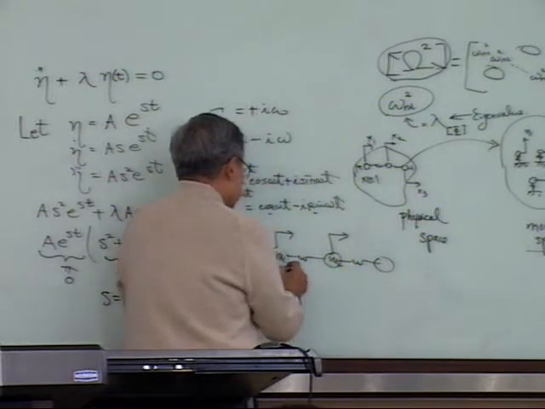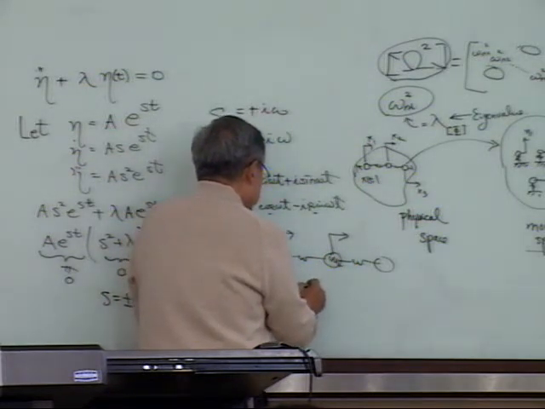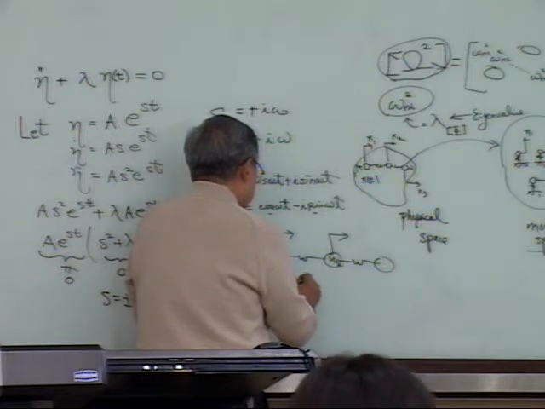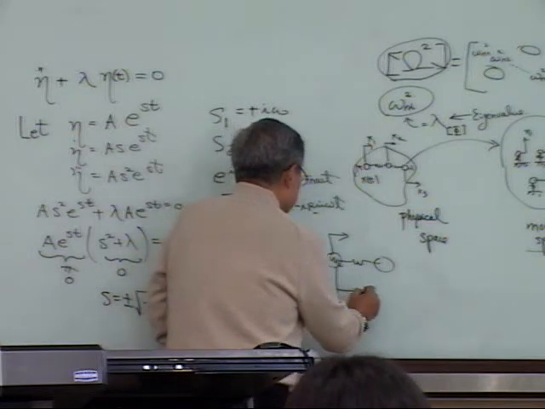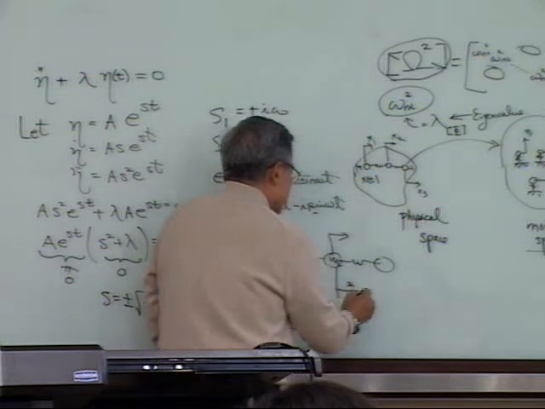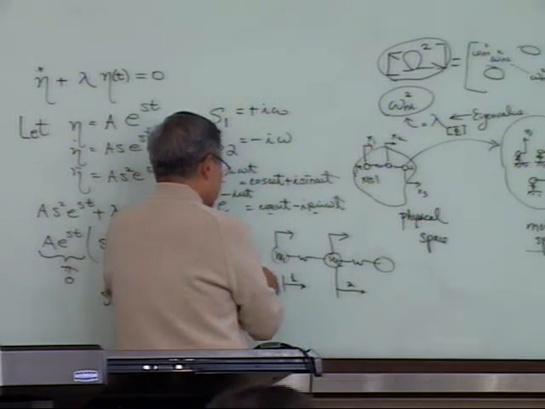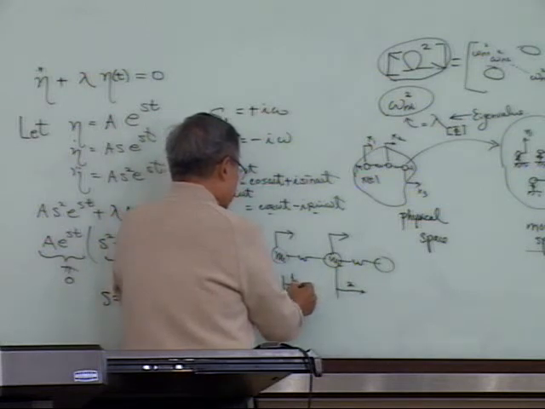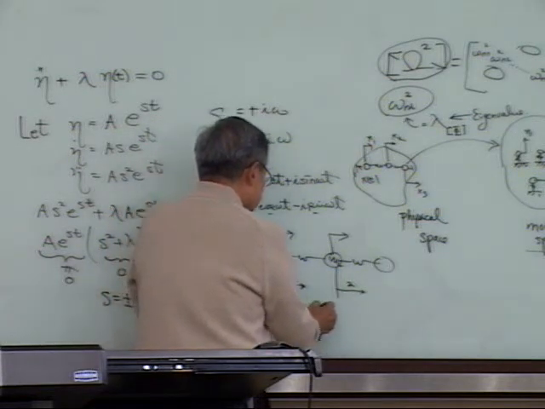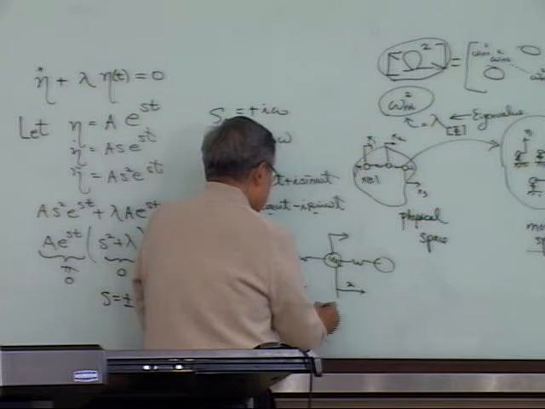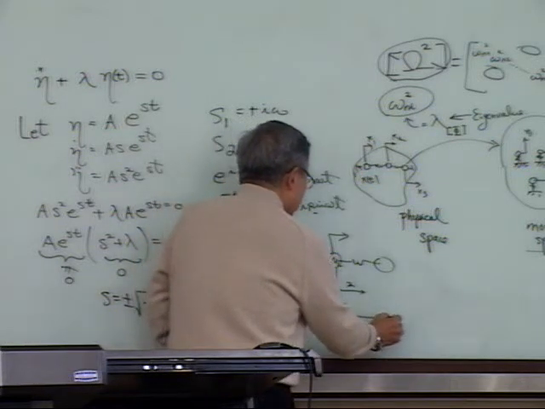So for the mode shape, if this guy moves a value of 1, this guy could move a value of 2. So the ratio is 2 over 1. But I can say this guy moves 2, then this guy will move 4.